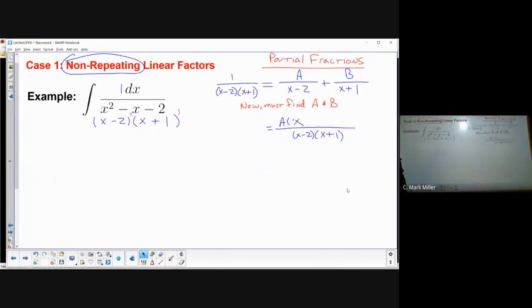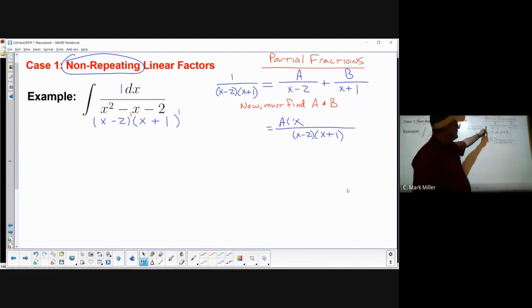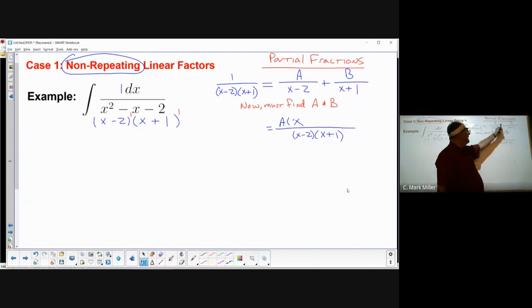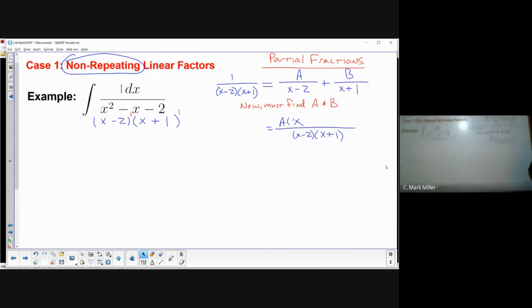All right, as I was saying, if you were going to add these two fractions at the top right, you need to get a common denominator of x minus 2, x plus 1. And just for safety, I'm going to save this.